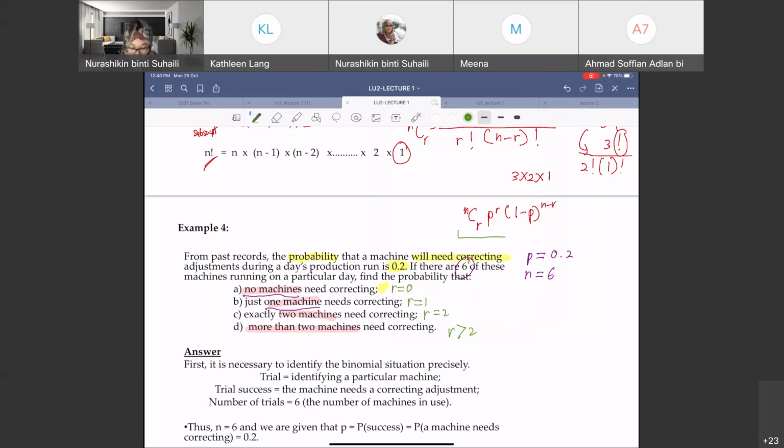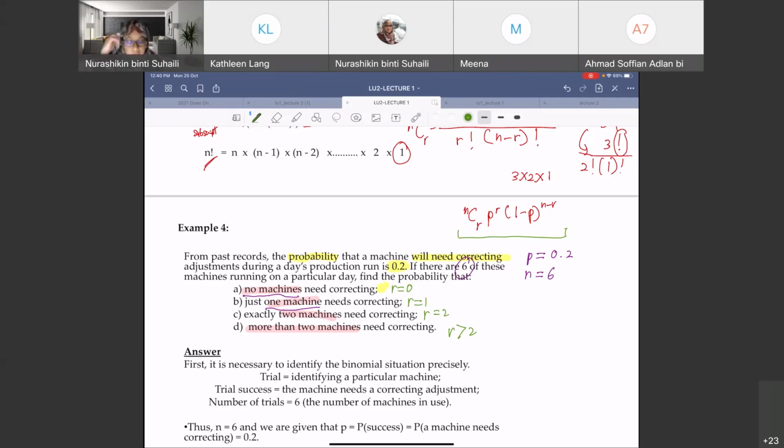This is the formula of binomial. So how do you know that this is a binomial distribution? After this we're going to cover Poisson. Poisson is actually an extension of binomial, and Poisson is used when n is more than 20. So for anything less than 20, we use binomial.